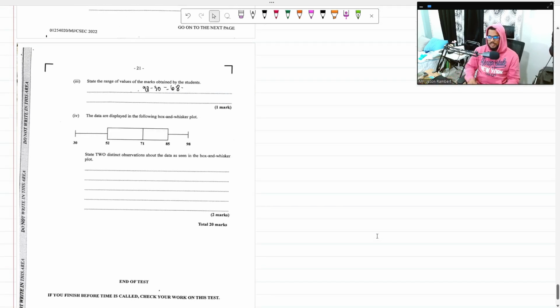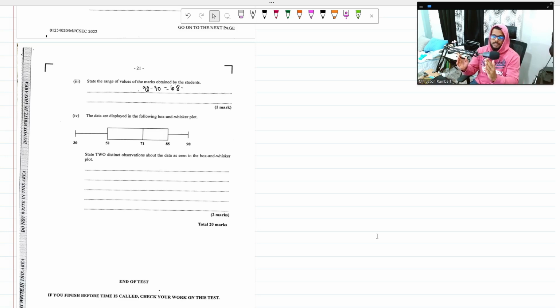State two distinct observations about the data seen in the box and whisker. It's negatively skewed. We can also see, look at the 30 to 71, right? That will represent 50% of the scores.